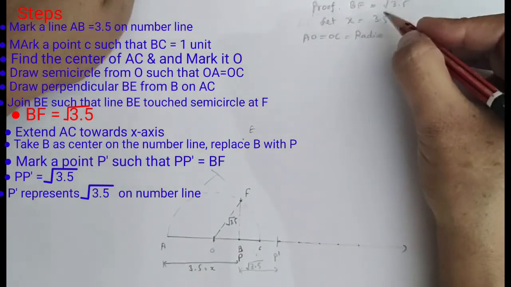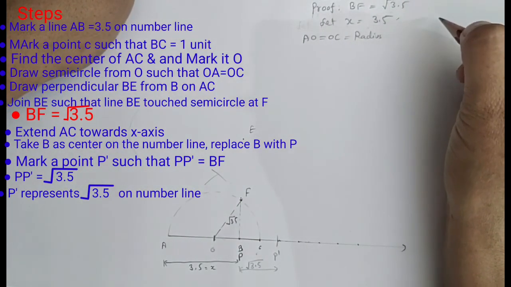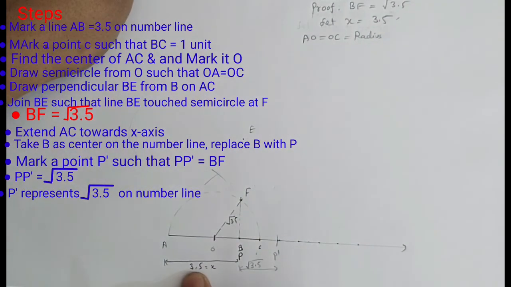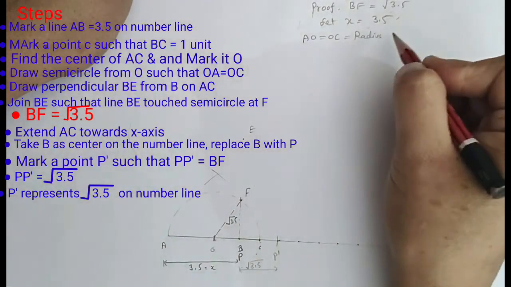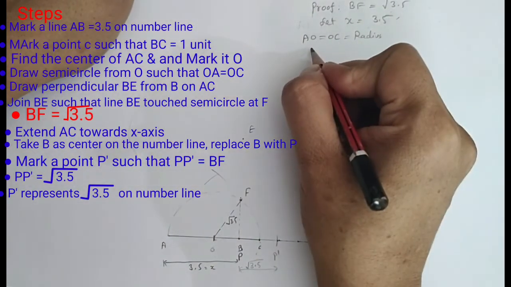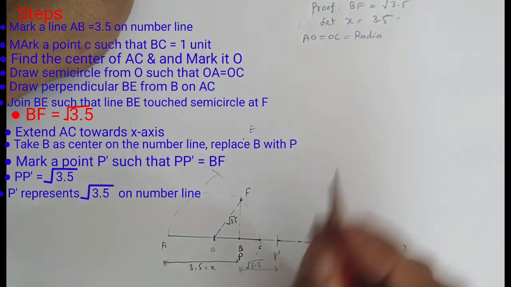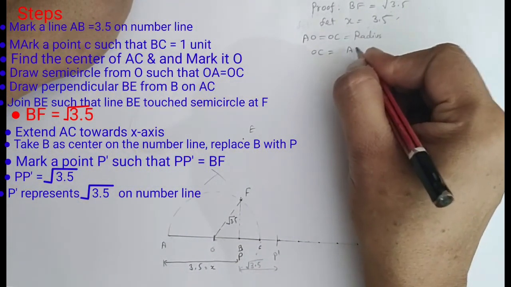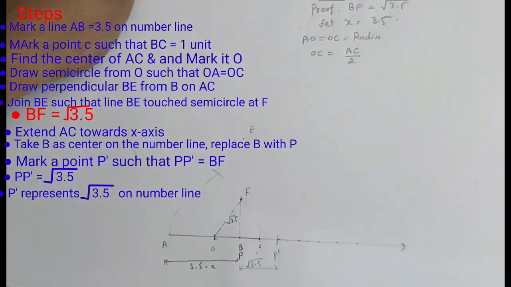To prove that BF is equal to square root of 3.5, I have taken let x is equal to 3.5 here. Then we know OA is equal to OB, which is equal to the radius of this semicircle. Now we know OC is equal to the full length AC divided by 2.